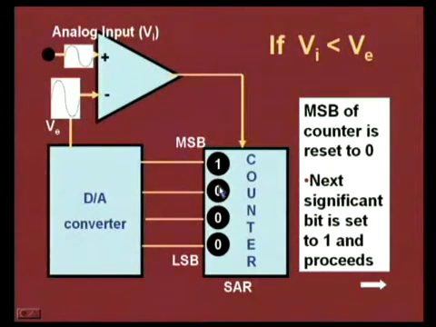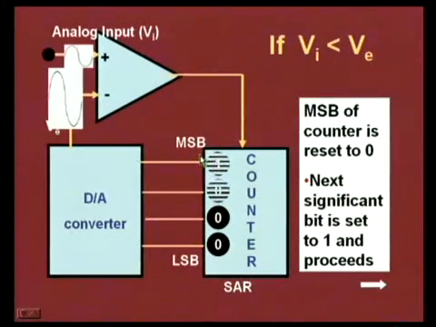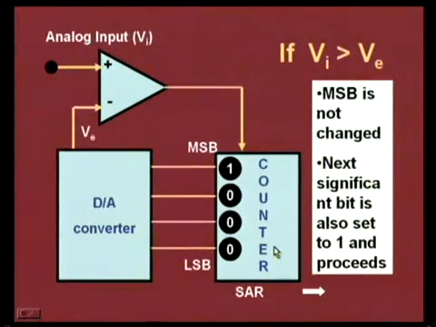This is made 1, and proceed with the conversion. That is, convert this digital value into an analog value.